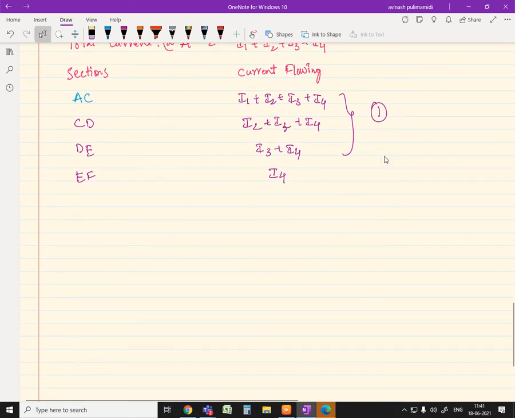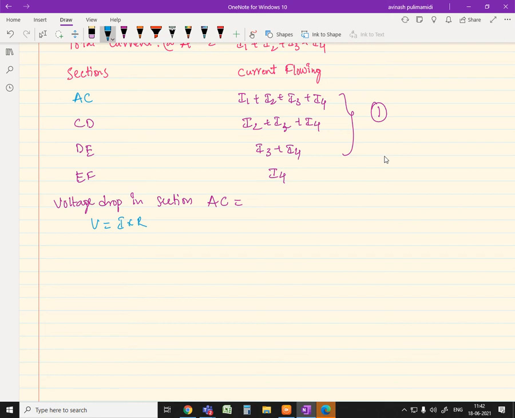In the same way, voltage drops in sections. For example, the AC section voltage drop means V is equal to I into R. Yes or no?